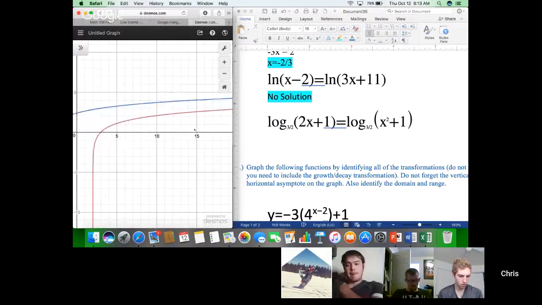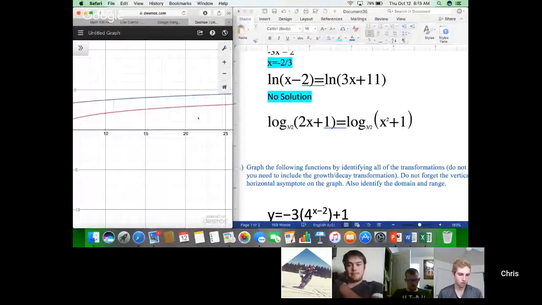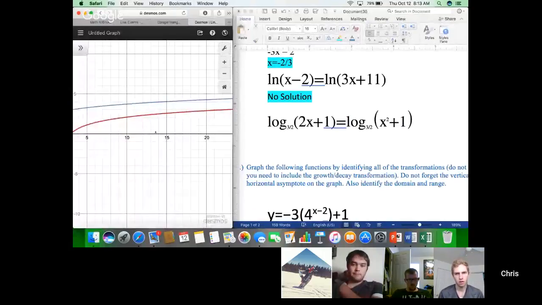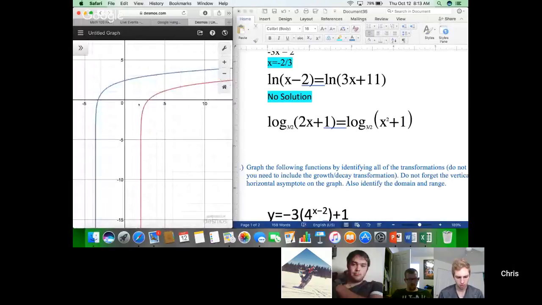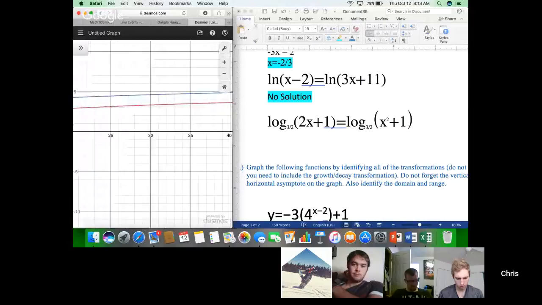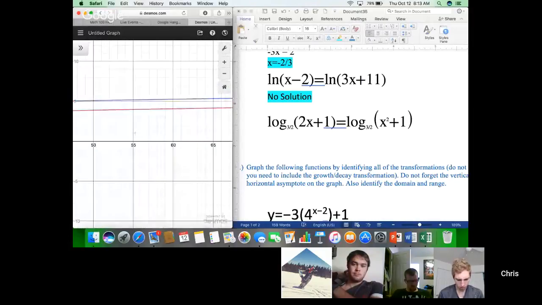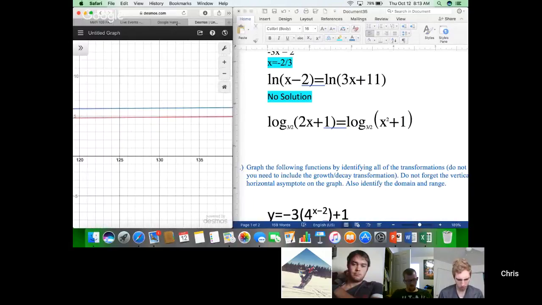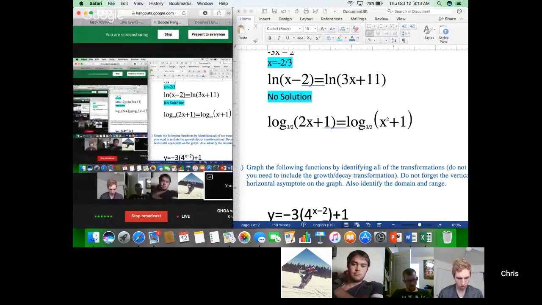Do y'all see that? Yeah. So these are the two graphs that are represented here, and they just keep going and going, and they just never touch. So that would tell me that there's no solution. Yeah, that makes sense.